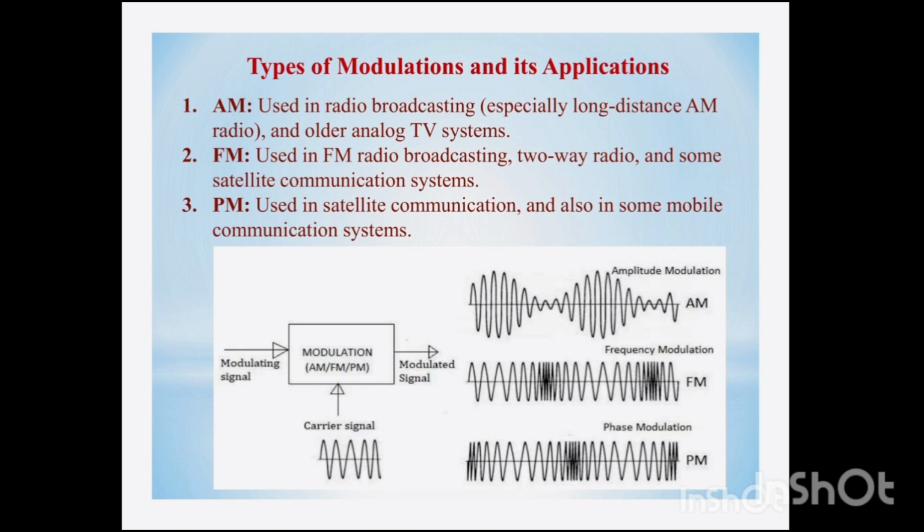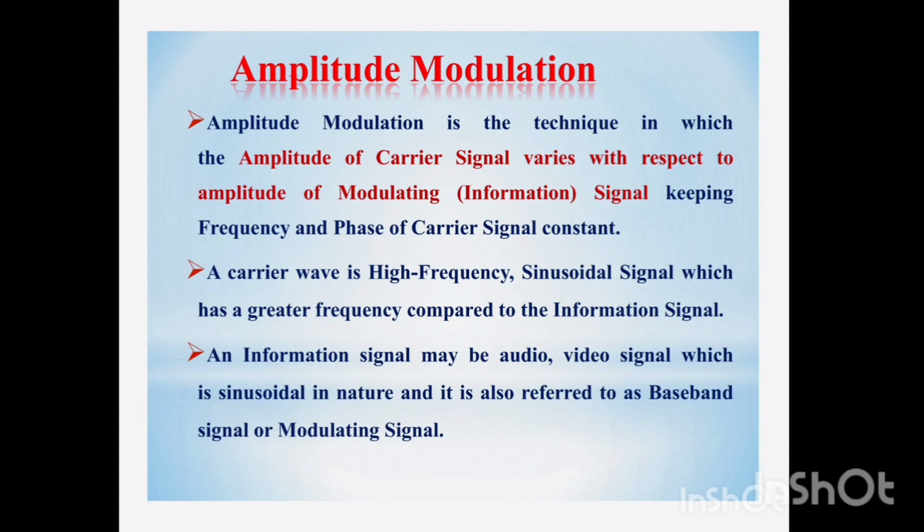The third type is PM, phase modulation, in which the phase of the carrier signal will vary according to the input modulating signal. This type of modulation is used in most satellite communication systems and also in some mobile communication systems. Next, we will see amplitude modulation in detail.